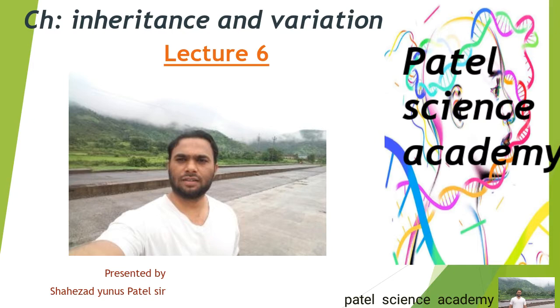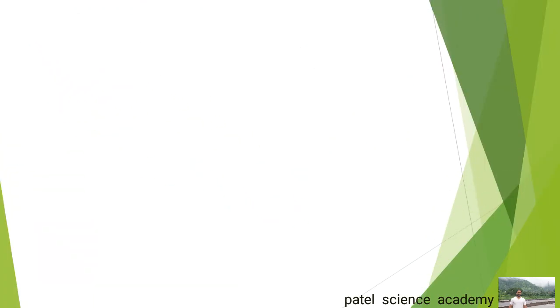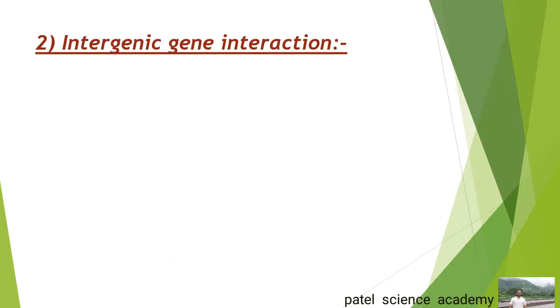Dear students, in this lecture the topic that you are going to learn about is intergenic gene interaction, another type of gene interaction. You are well familiar with intergenic gene interaction, which is also called non-allelic gene interaction, and it is the gene interaction which occurs between the alleles of different genes present on either the same or different chromosomes.